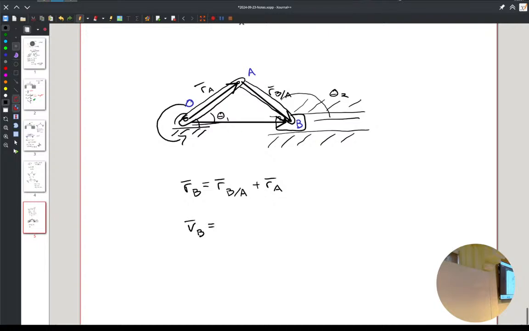So if the vector RB can be described as vector RB/A plus vector RA, what is the velocity of B? Yeah. Do you know?